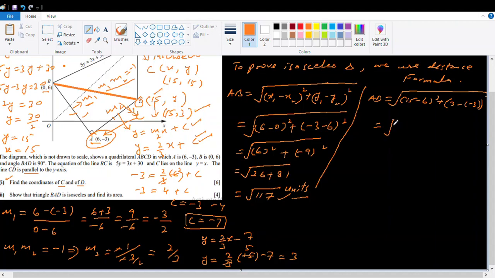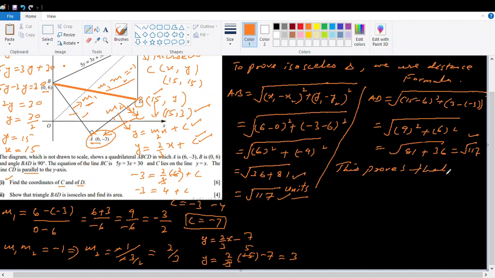So it will be 15 minus 6, 9 squared, plus 6 squared, so it is going to be 81 plus 36, which is going to be 117. You can see that these two are equal. This proves that the lengths of AB and AD are equal, so the triangle is isosceles.